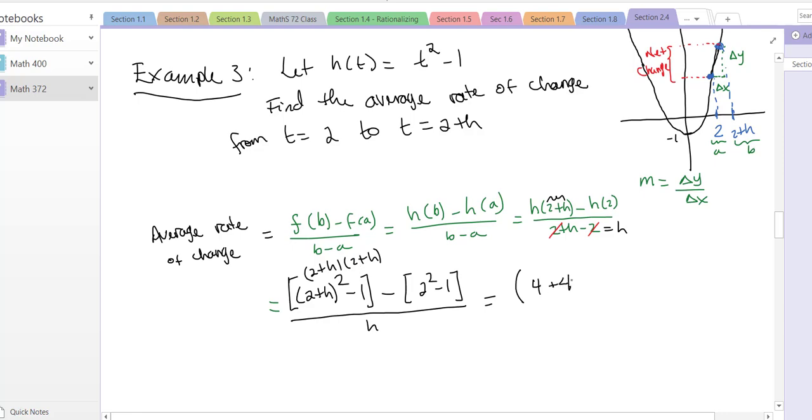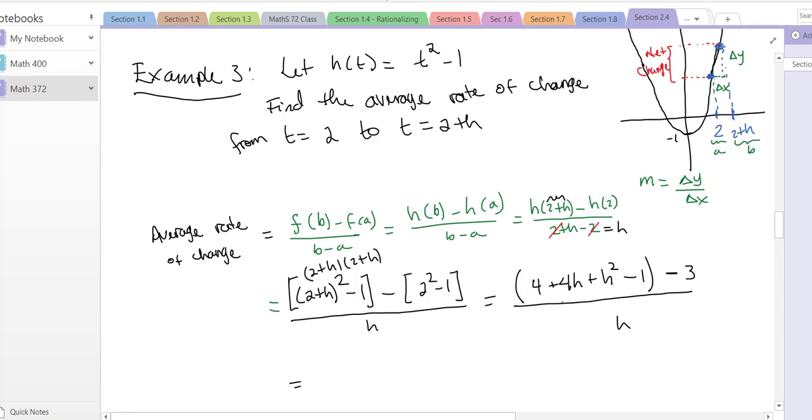So I'm going to have plus 4h, and then plus h times h is h squared. Be careful not to make the mistake of just saying 4 plus h squared. FOIL so that you get those middle terms. Minus 1. And then minus h of 2. So 2 squared is 4 minus 1, that's 3, all over h.